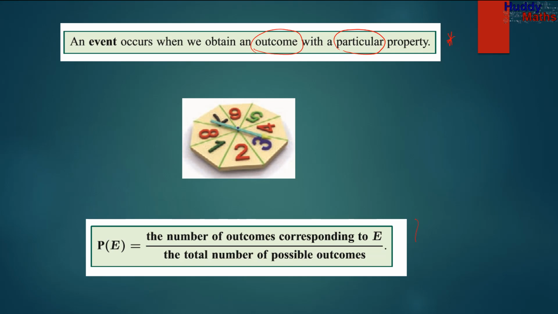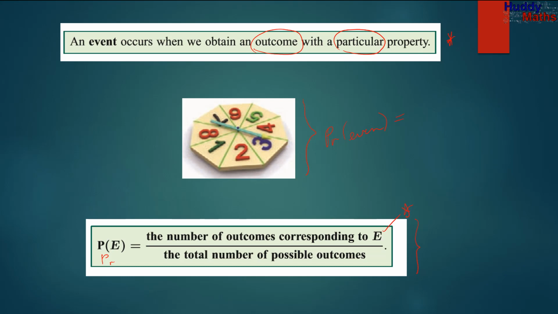And then this is where I just showed you we got to in the last video, the probability. And remember, we said in that video we'd use Pr, because P can mean other things in maths. Pr, the probability of event E, is the number of outcomes corresponding to E. So we might, up here, have a look at this. We might want an even. So the probability of an even is the number of times it occurs here.